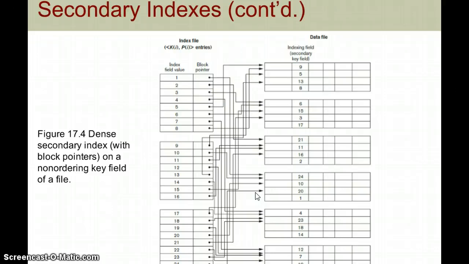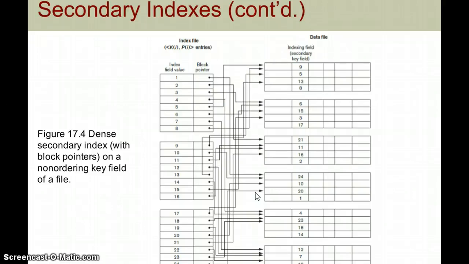Now for clustering indexing, we also have to fulfill two criteria. One is the field must be an ordered field, and the field on which we are going to create the index must be a non-key field.